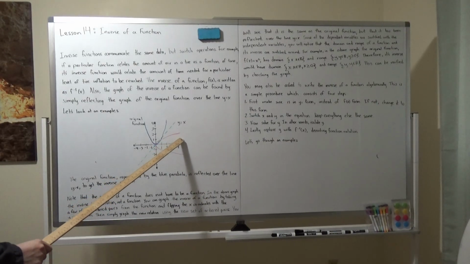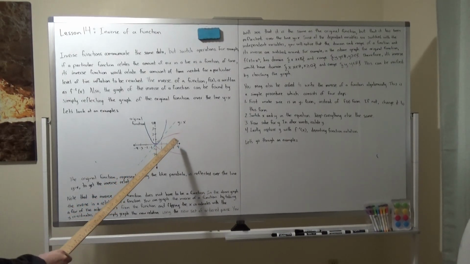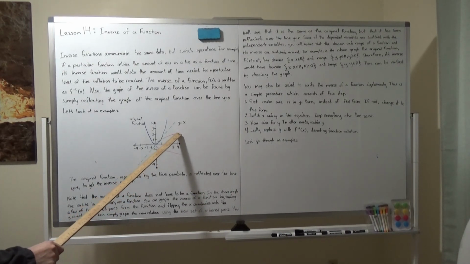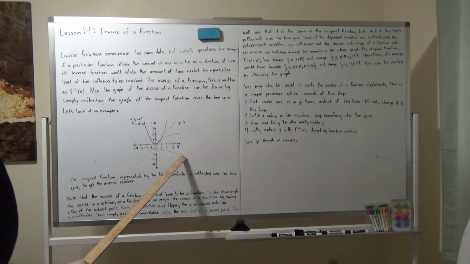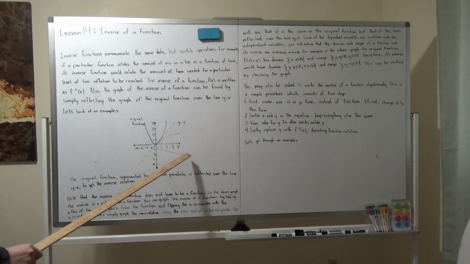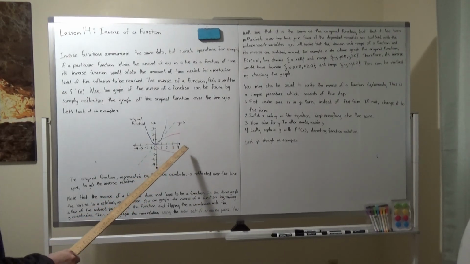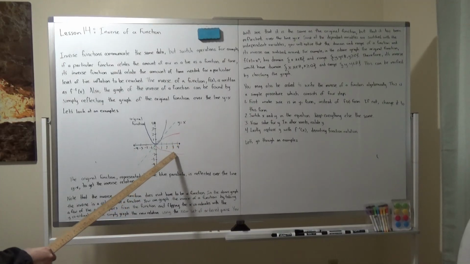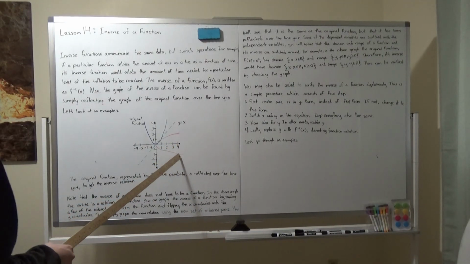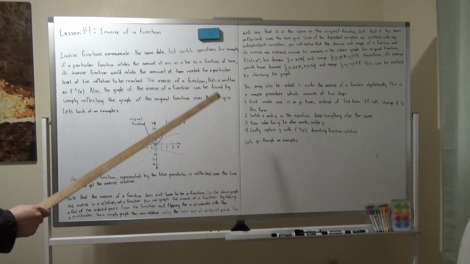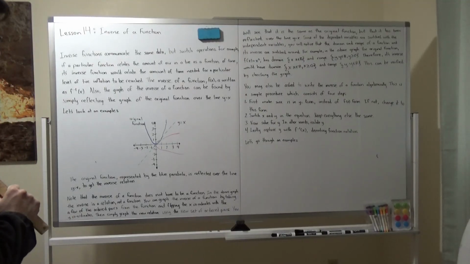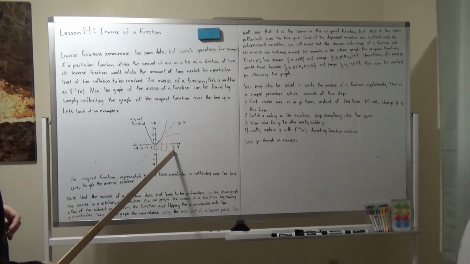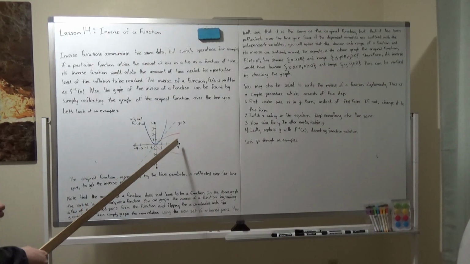You can tell this is a relation because it doesn't pass the vertical line test. If a vertical line is drawn through it, it touches the relation at more than one point.